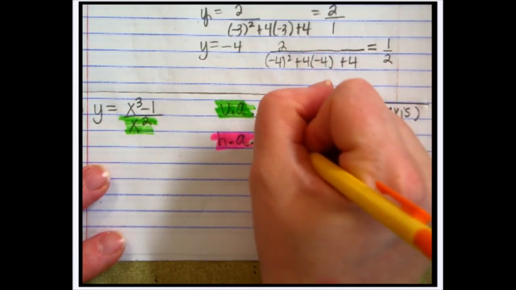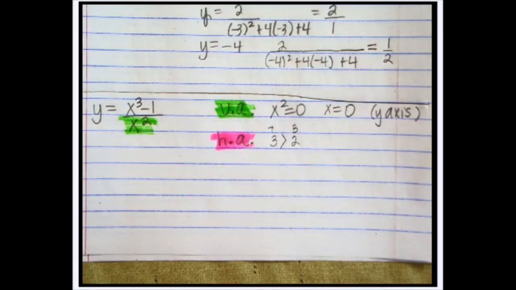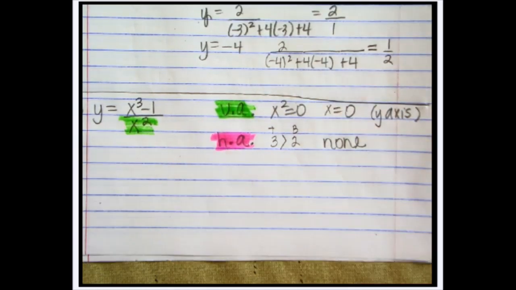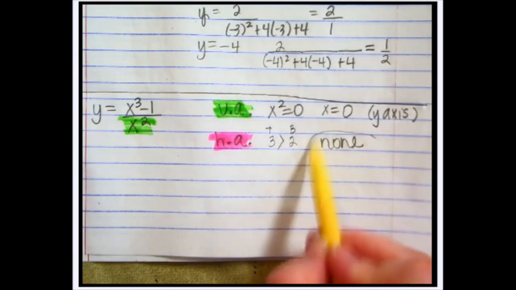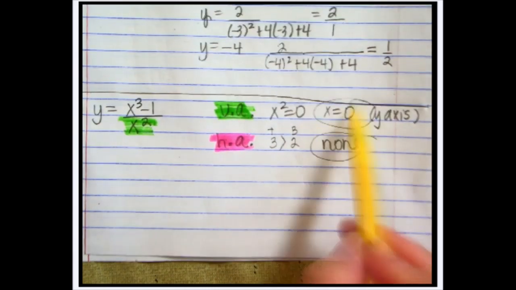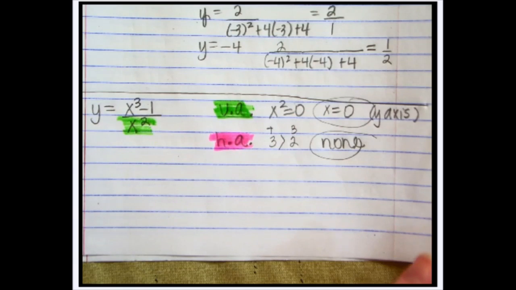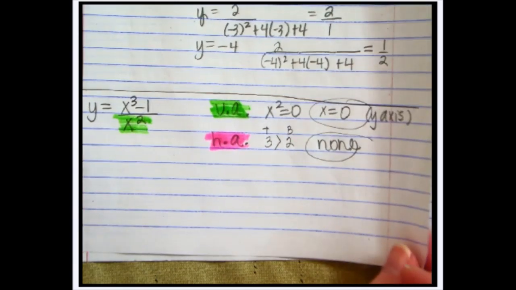So the top is bigger than the bottom, and in that case, this is the scenario where we have no horizontal asymptotes. But what we could have, and we'll see in our graph whether or not we do, is one of those oblique or slant asymptotes that I mentioned yesterday that we don't really have to know about, but we'll see if it actually shows up in this one. Okay? So vertical asymptote and horizontal asymptote.